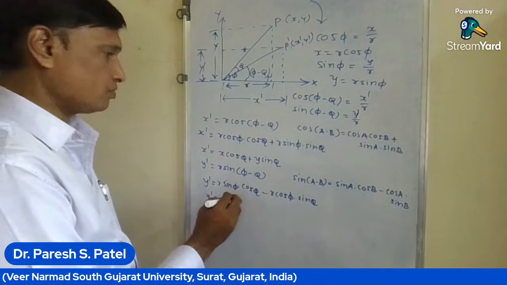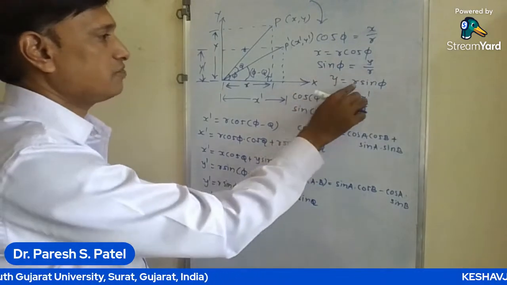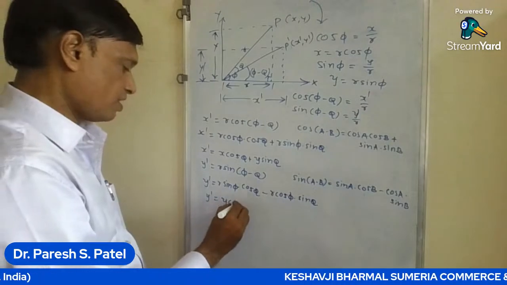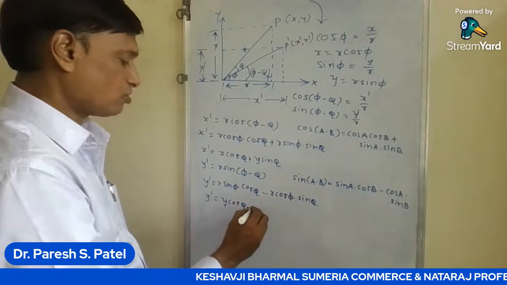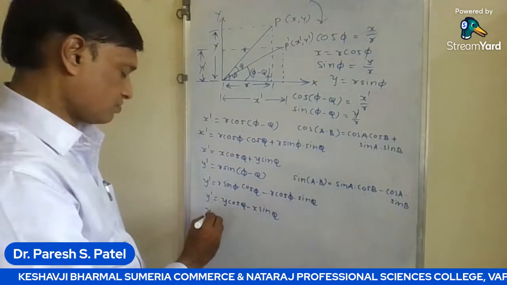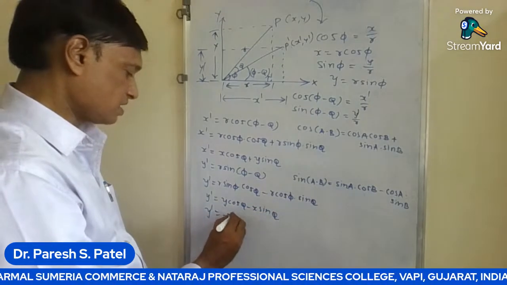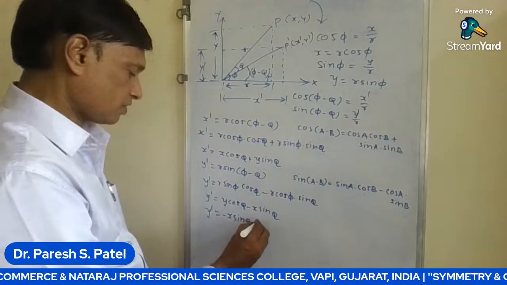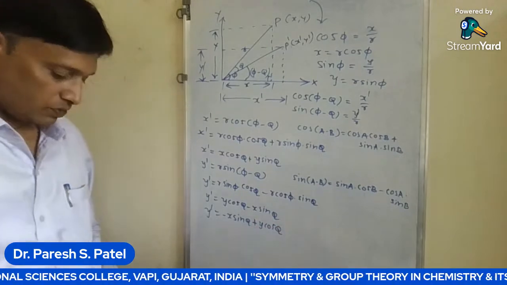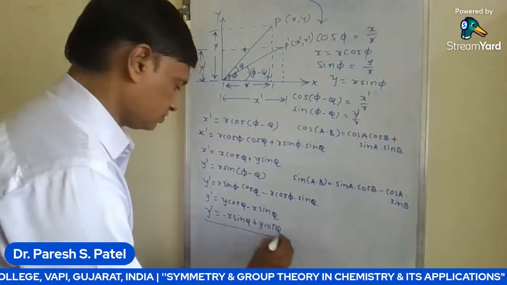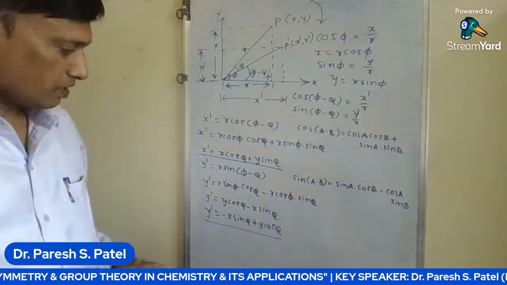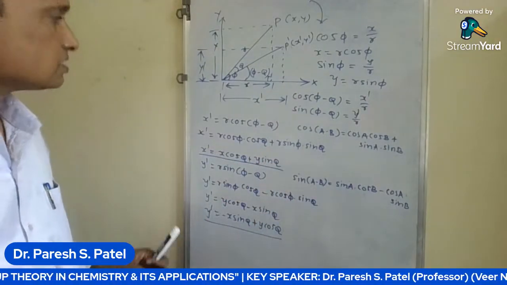The value of r sin phi is y and r cos phi is x, so y dash is equal to minus x sin theta plus y cos theta. So these are the equations we derived for x dash and y dash.